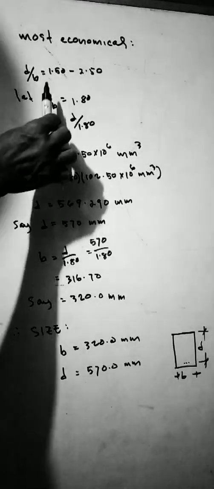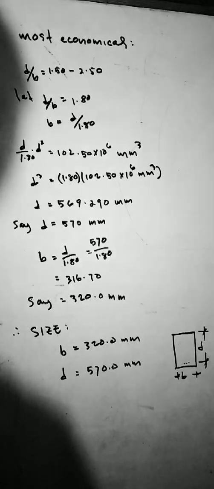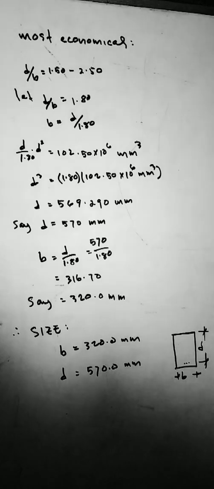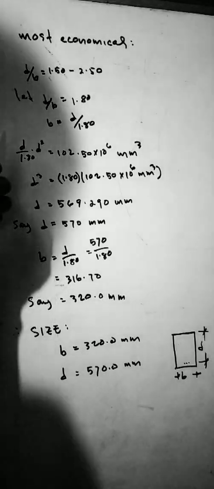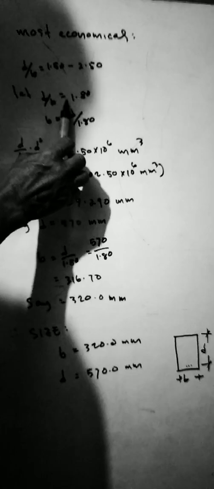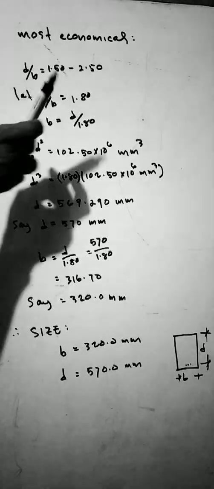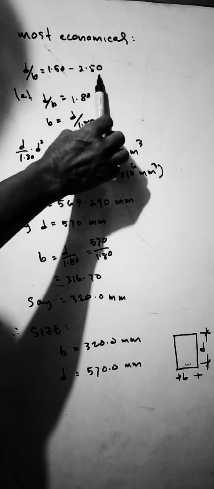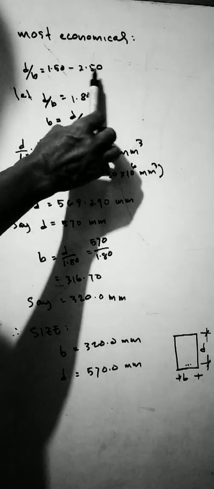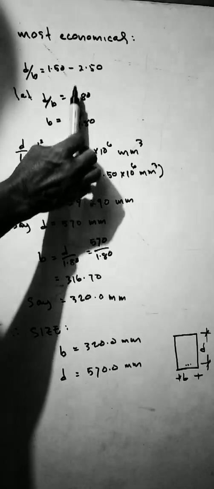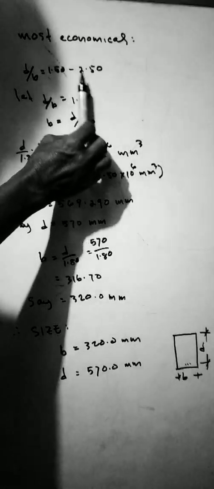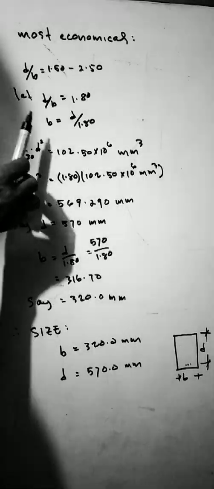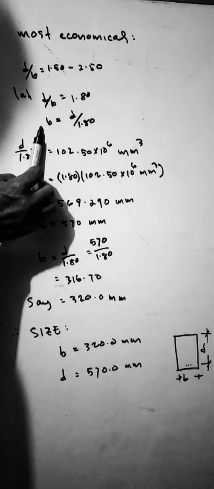So the most economical is 1.5 to 2.5. So let d over b be equal to 1.8, meaning this is somewhat in between of this range, 1.5 to 2.5.